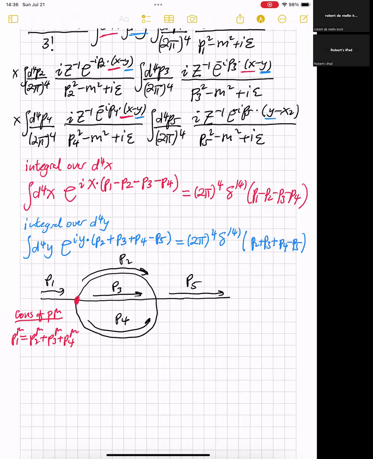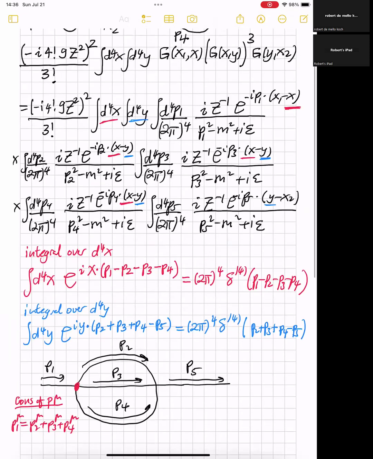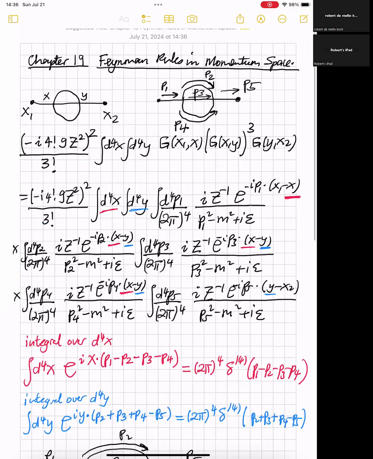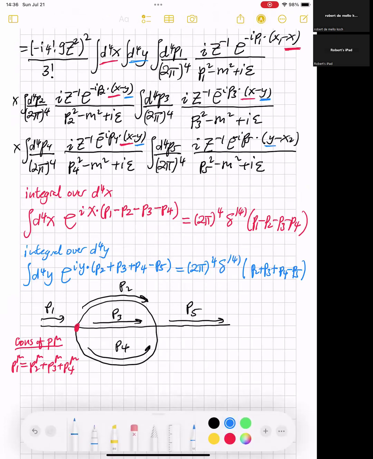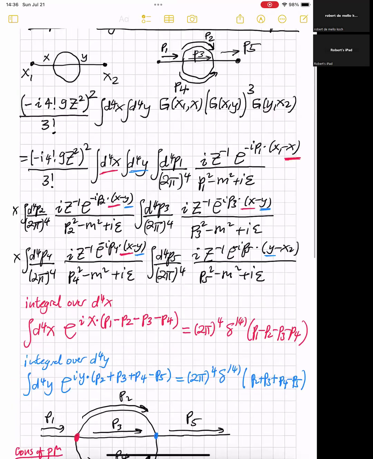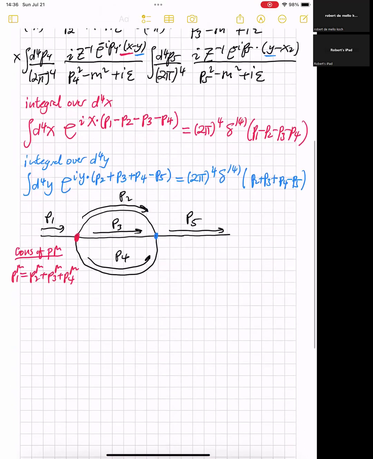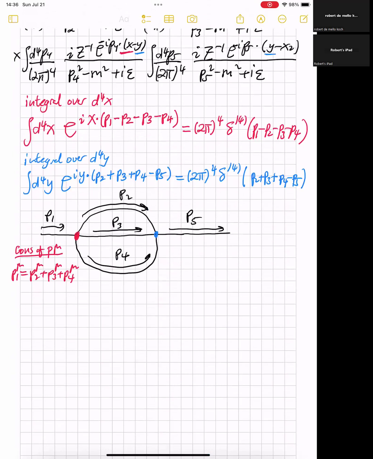So what we can see is, we integrated d4x, which is the vertex that we're looking at, and that integral over x enforced the conservation of momentum at that vertex. And in a similar way, if we want the conservation of momentum at the second vertex, which was labeled y, then the conservation of momentum here says the momentum flowing into the vertex, which is P2 mu plus P3 mu plus P4 mu, well, that has to be equal to P5 mu.